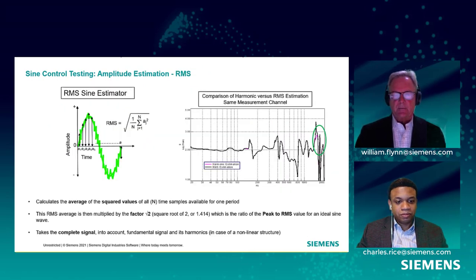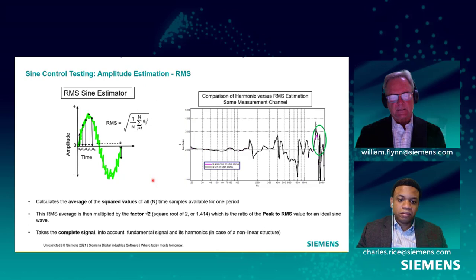So this may help you understand also, Charles, the differences here. This is going to compare to the harmonic amplitude estimator, which is in the purple, or magenta. Then this is looking at an RMS estimator, and this is the equation for it. Based on the sample rate, it's going to quantify the amplitude of this period of sinusoidal response and take the RMS value of that signal.